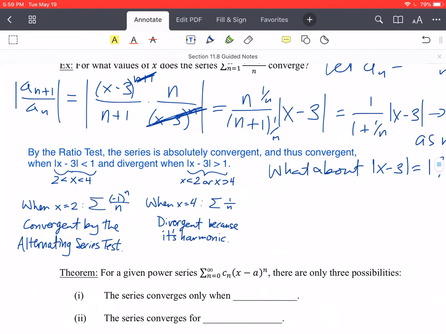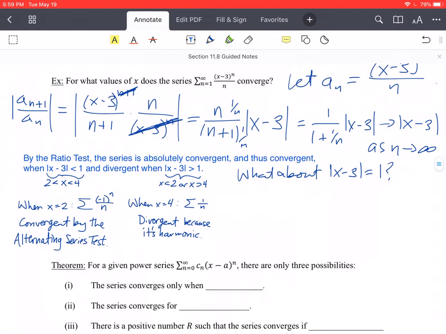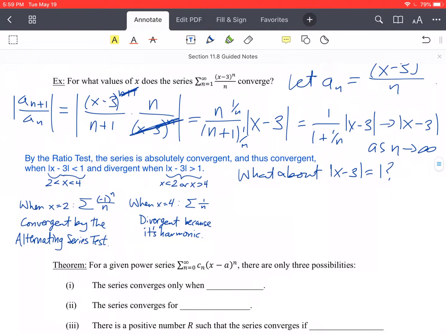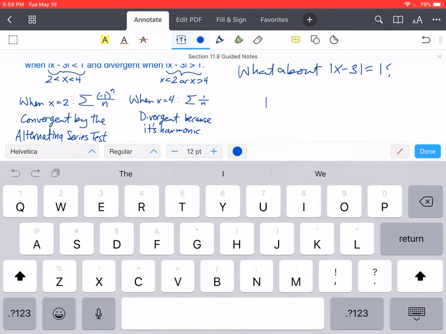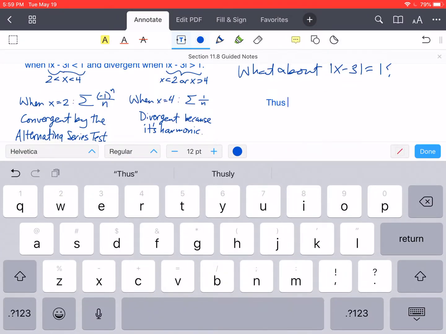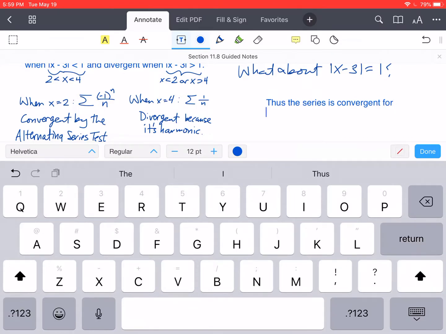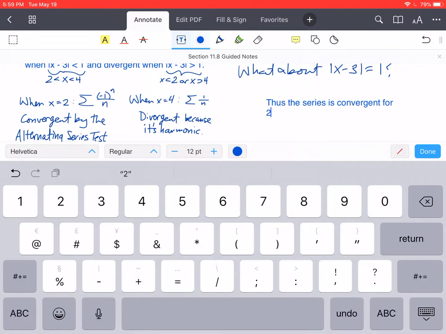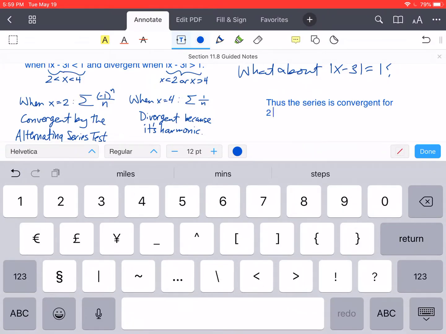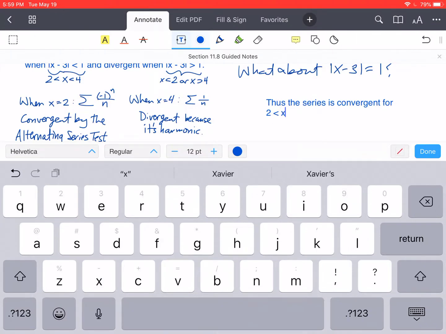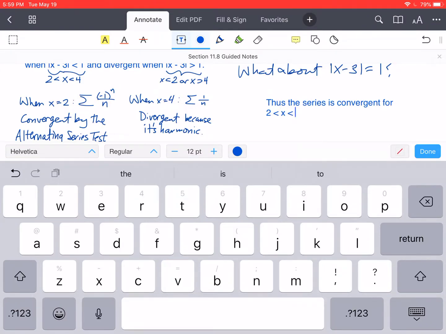All right, so what do we have here? We have a series that converges between 2 and 4, and at 2, but not at 4. So thus, the series is convergent for x greater than or equal to 2, and less than 4.